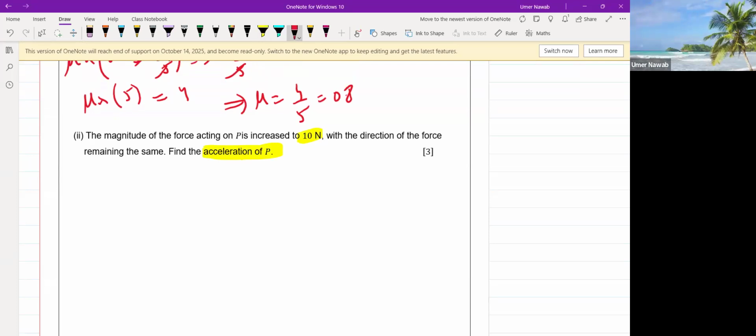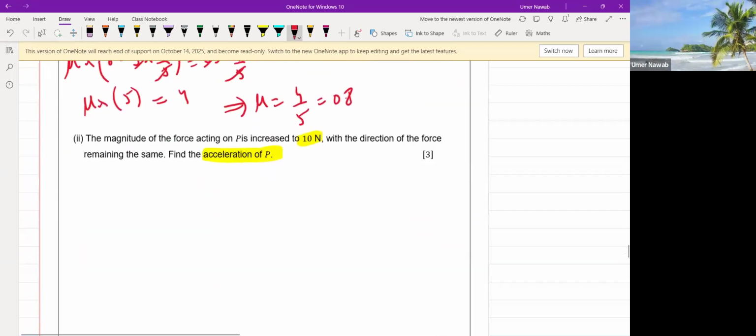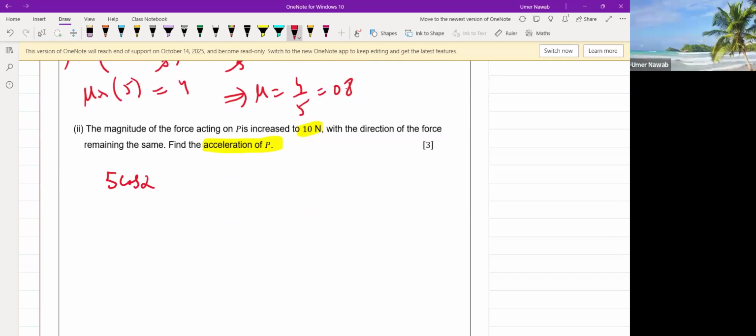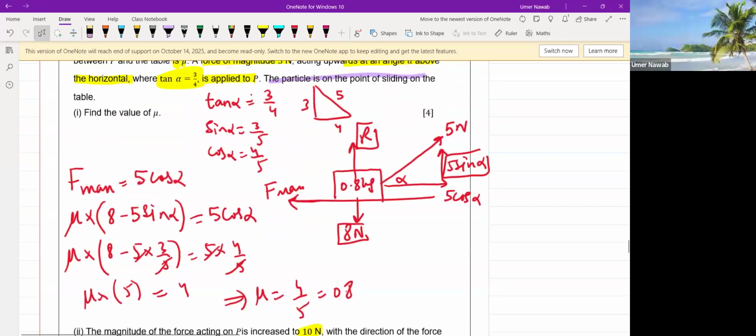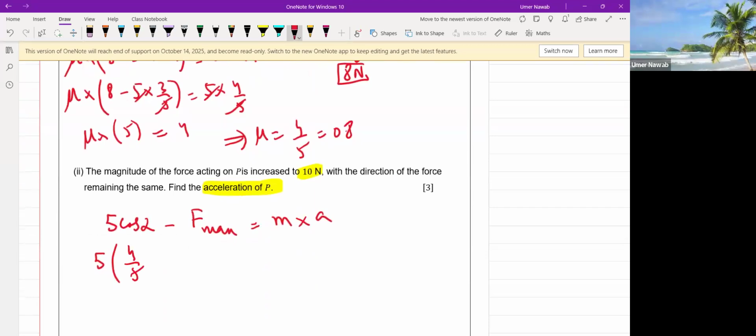So now Newton's second law we apply here. 10 cosine of alpha minus F max is equal to mass times acceleration. Angle is staying the same, so cosine of alpha is 4 over 5. F max is mu times R, m times a. The value of mu is 0.8.